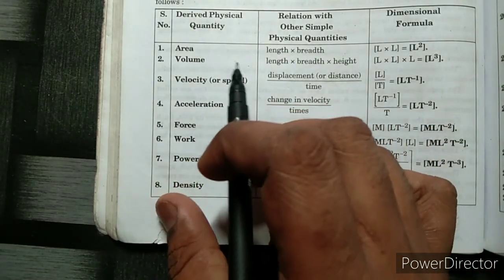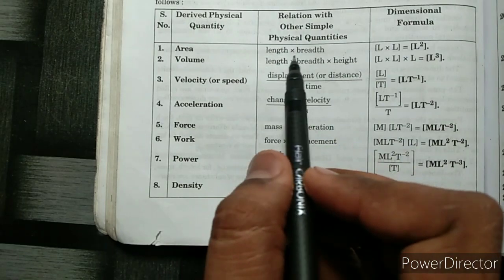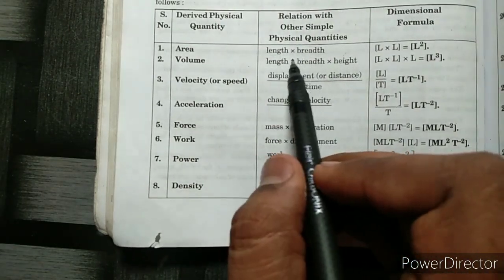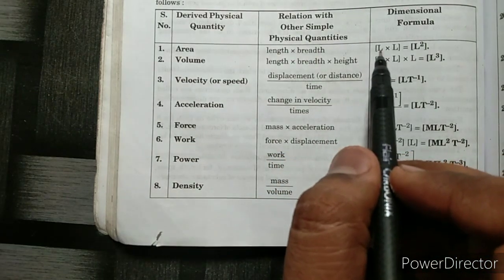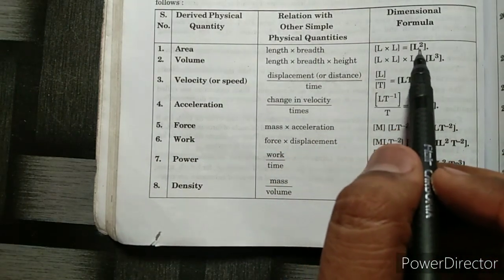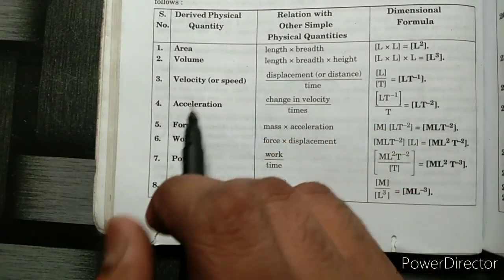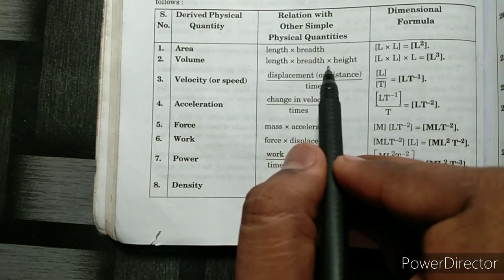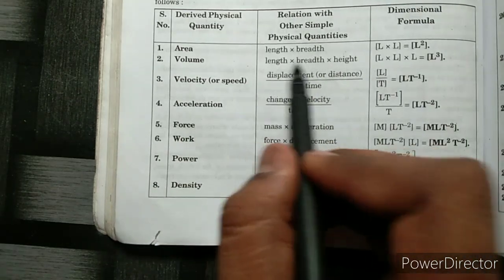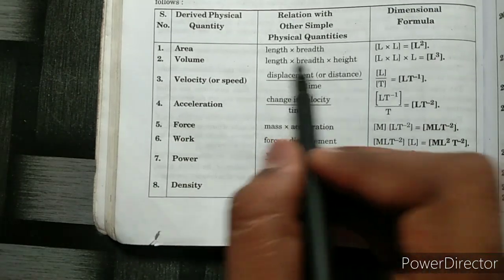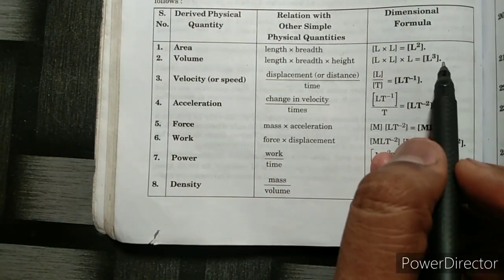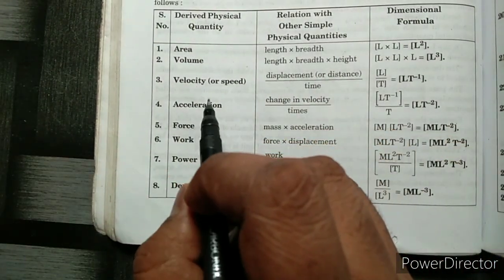Area is given by length into breadth. Both of these represent length, so the dimensional formula is L into L, that is L square. Second is volume. Volume is length into breadth into height. These all represent length, so L into L into L means L cube is the dimensional formula of volume.